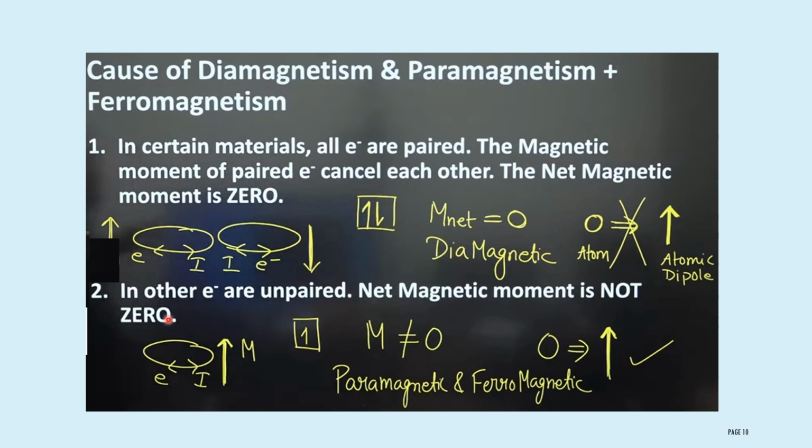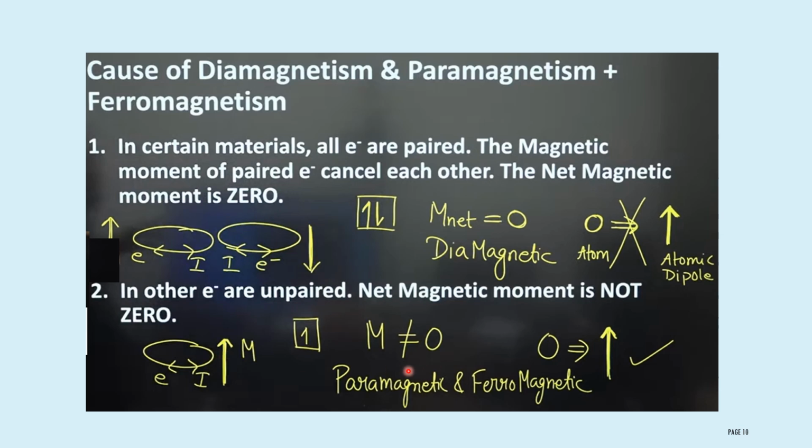Second point, in others, electrons are unpaired and the net magnetic moment is not 0. Unpaired electrons means the electron exists alone. Here consider this is the direction of the electron. The current loop will be generated in the opposite direction. The magnetic moment is indicated by an up arrow. Only one magnetic moment exists, in only one direction.